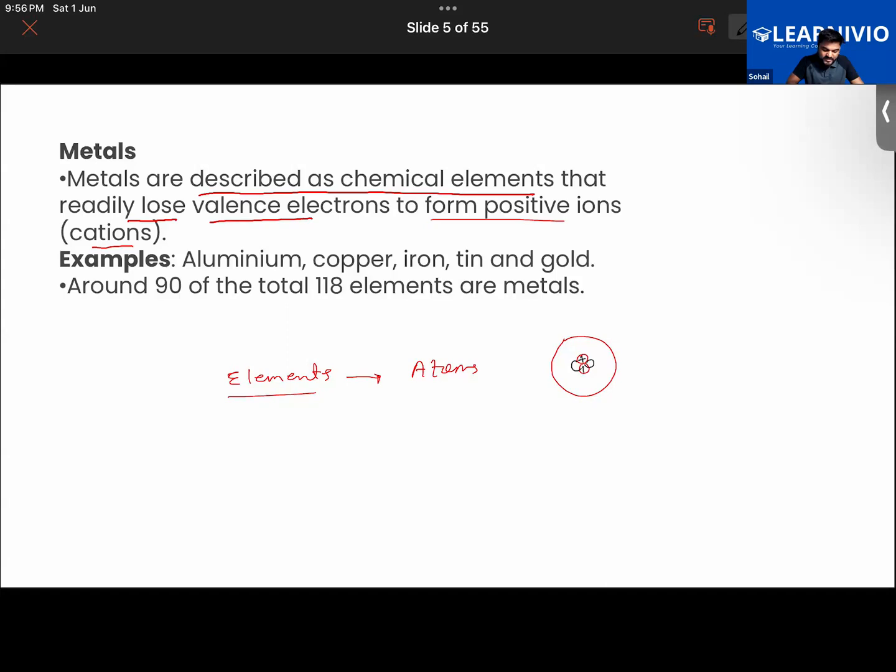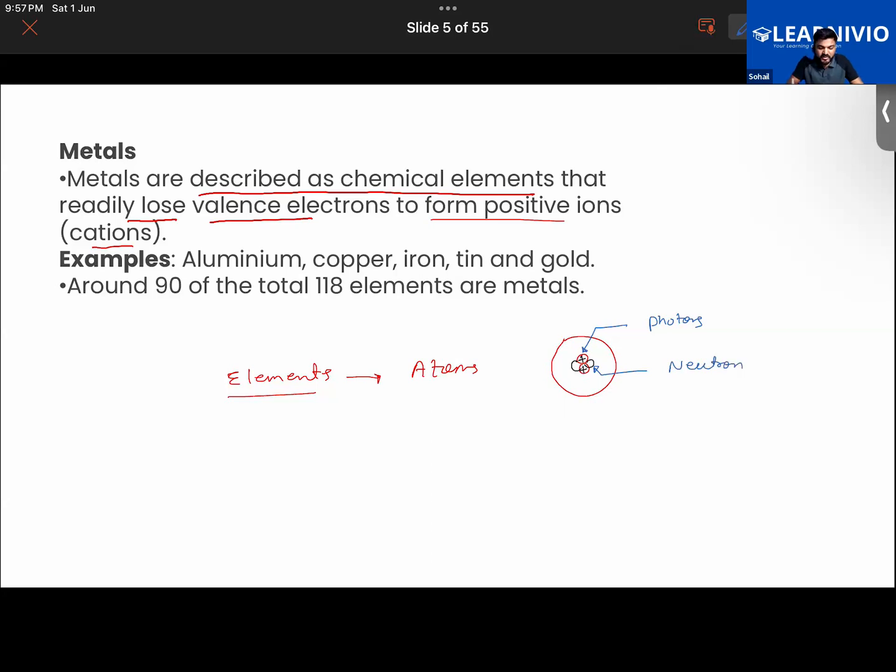The ones with positive charge are called protons, and the ones with no charge are called neutrons.